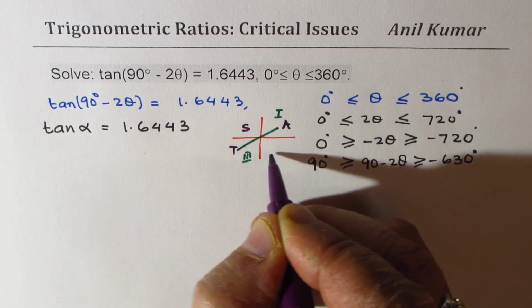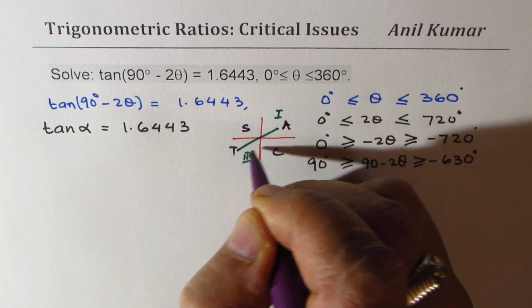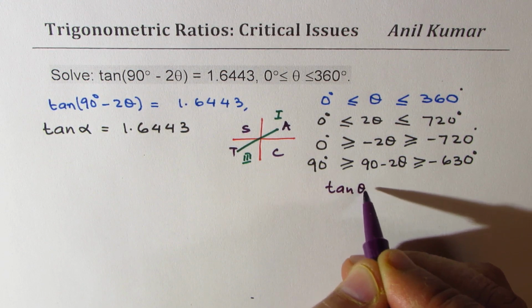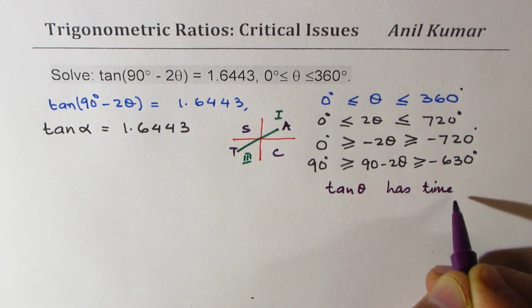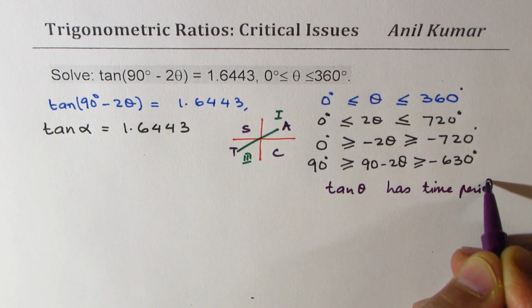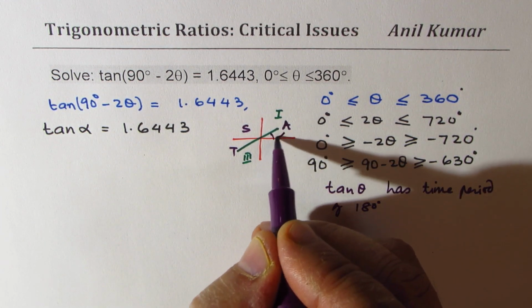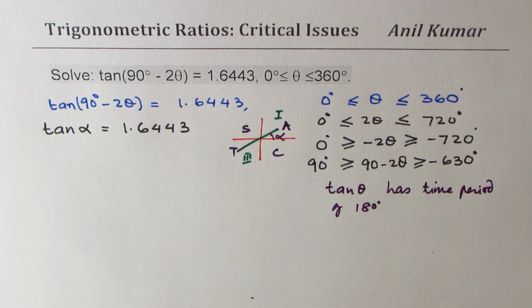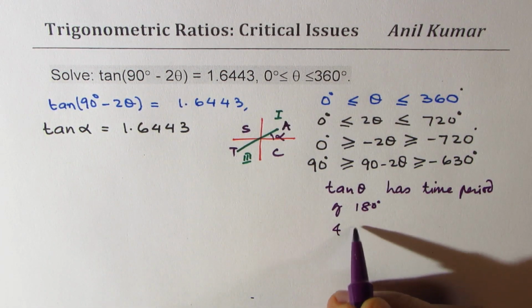Now we also know that tan theta has a time period of 180 degrees. So even if we get one angle alpha, we can add or subtract 180 degrees to get all other solutions. Perfect. So within a particular domain, we expect 4 solutions.